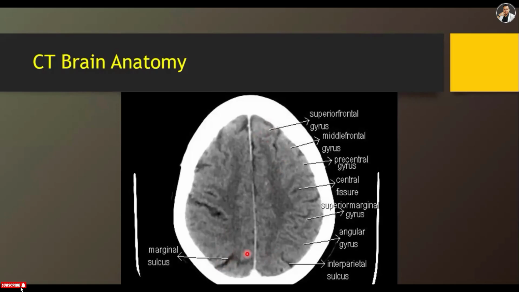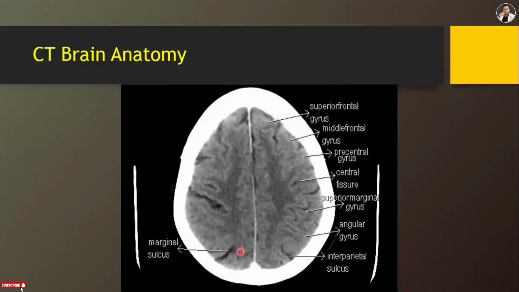Like the gums: the gap between two gums is called sulcus, and the gums are called gyrus.